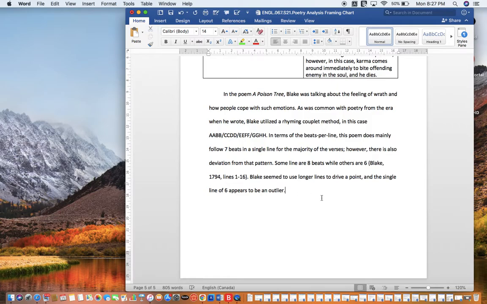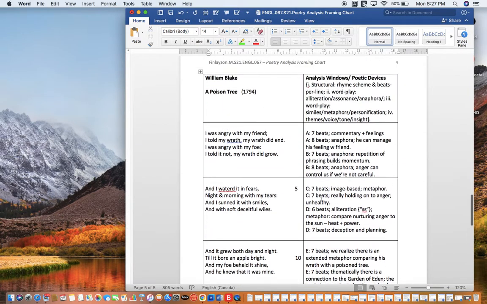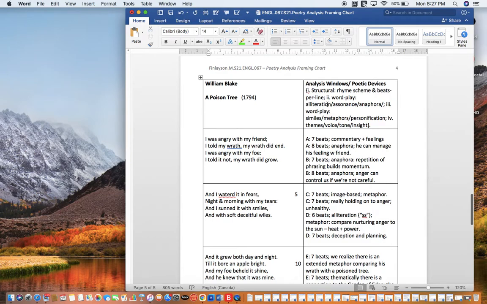Okay, so now we've talked about the first, structural aspect. Now we're going to move into the discussion of those secondary possible devices, these wordplay devices.